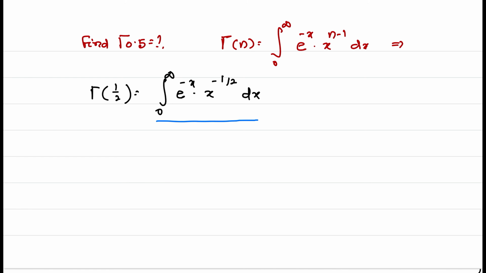Once this value, 0 to infinity e to the power of minus x into x to the power of minus half dx, is found... How to find out this value? You do your basic integral calculus.